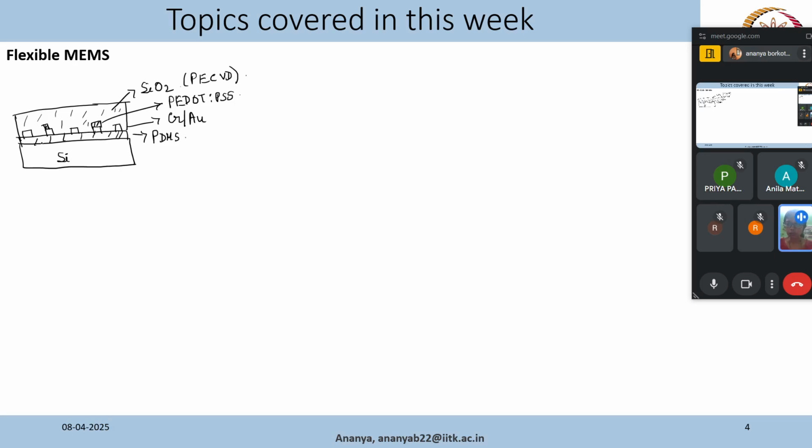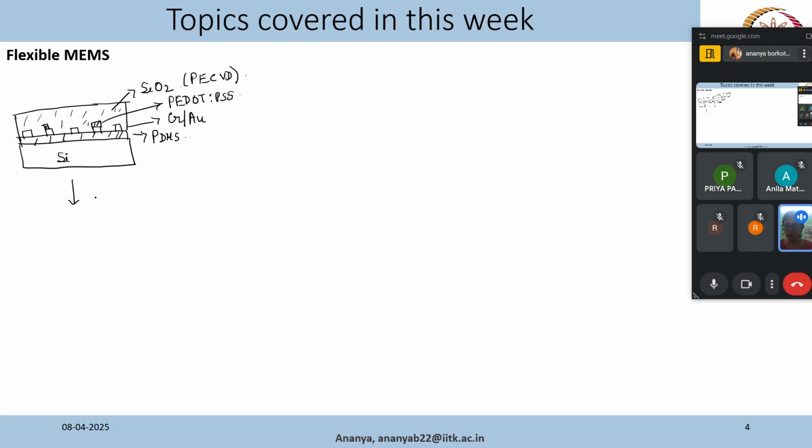Next, we have to make the contact pads, because ultimately we want connection from this electrode. For that we will do another lithography to make the connections. For circuits we call them vias, but it's a MEMS sensor, so I'll not use that word.